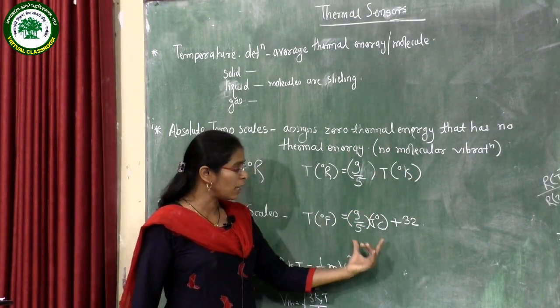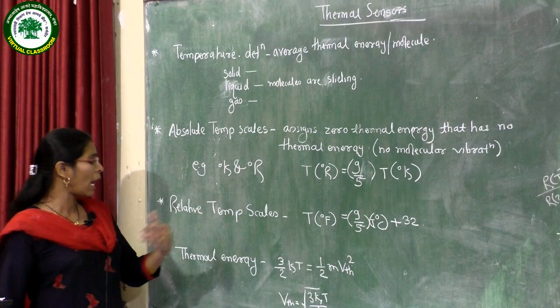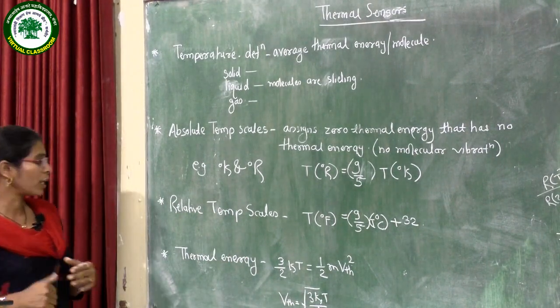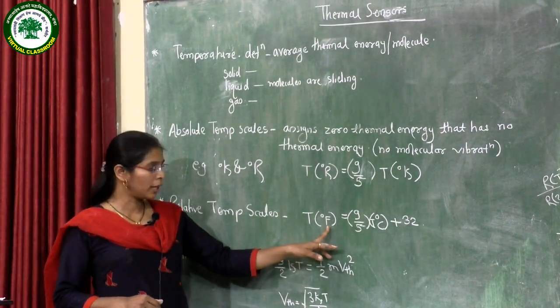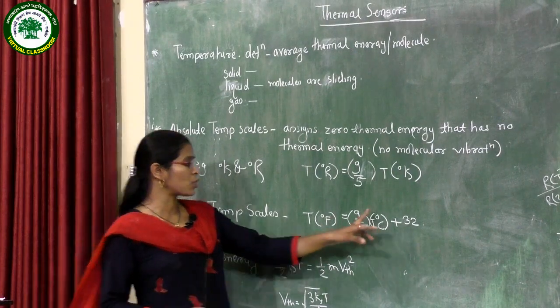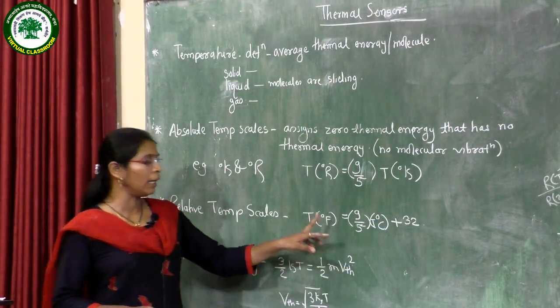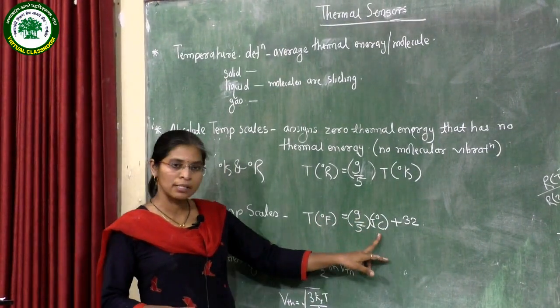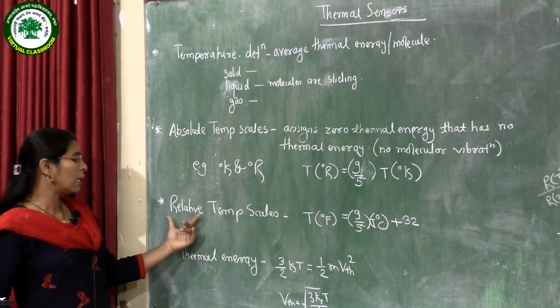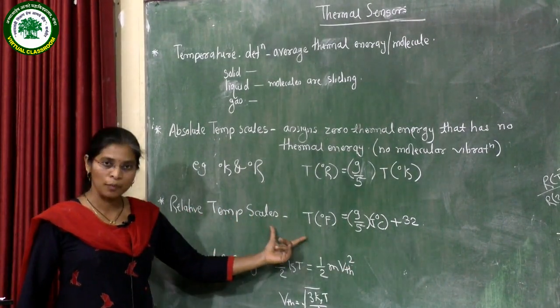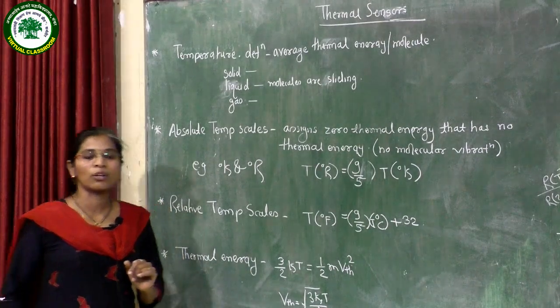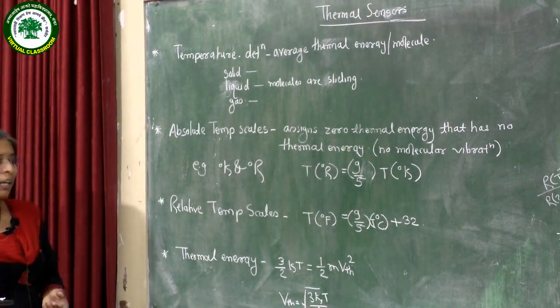So this is the basic difference between absolute and relative temperature scales. Here we have taken as examples the temperature in degree Fahrenheit and degree Celsius, which collectively are called the relative temperature scale. So these were the 2 temperature scales that we are going to use later.